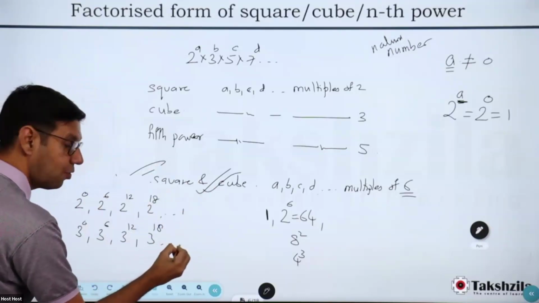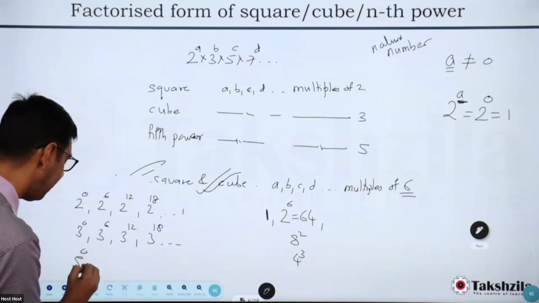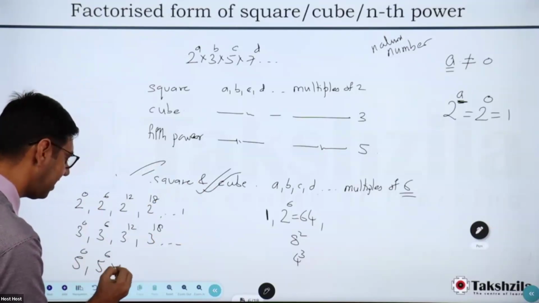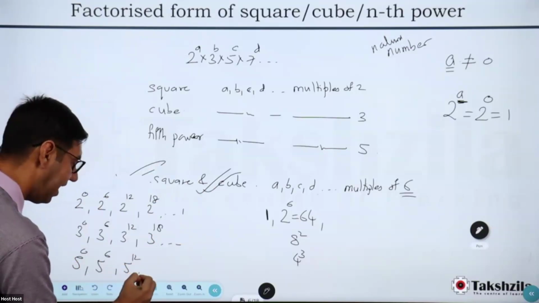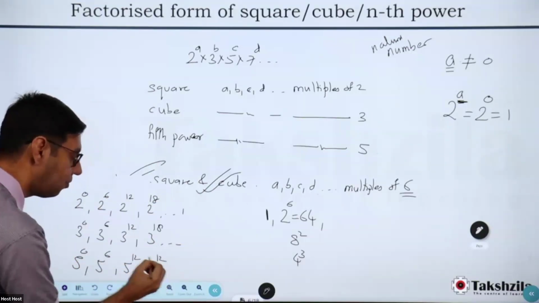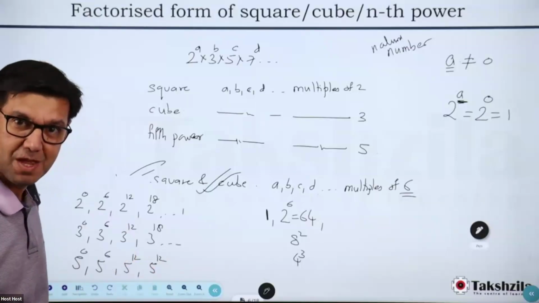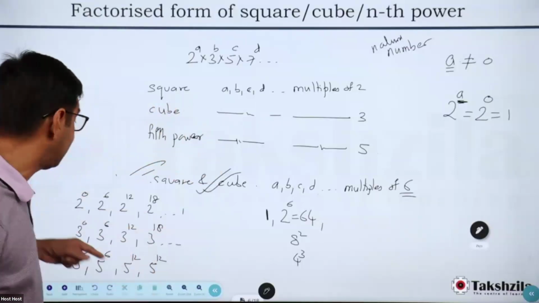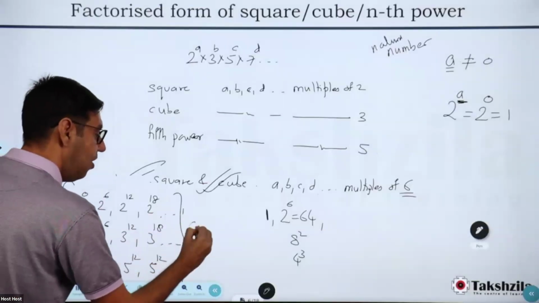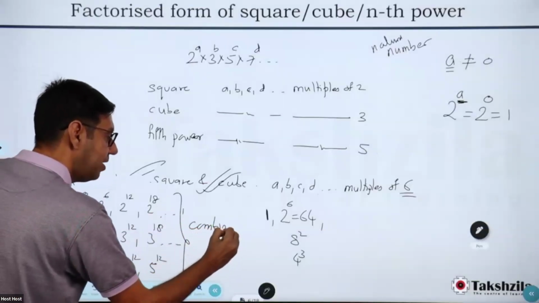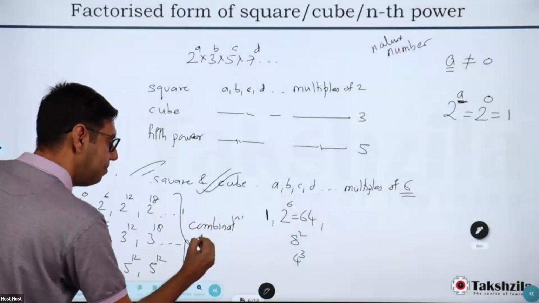And so on. It could also be 5 raised to 0, 5 raised to 6, and so on. You could go to 12 and 7 also, but those numbers are going to balloon very fast. And you can also have combinations of them. Don't forget that you can have combinations of them.